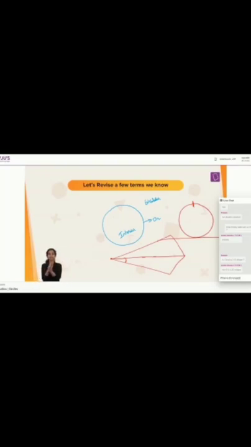The moment you start connecting all of these, you realize that triangles, circles, lines are all related to each other. You're learning lines and angles, you're learning triangles, you're learning circles. When we start connecting them to each other, all of these will actually become very, very easy. You'll be able to use properties from triangles to solve circles. You'll be able to use circle properties to solve triangles and so on. So the moment you start connecting all of these things together, they become very, very simple, right?